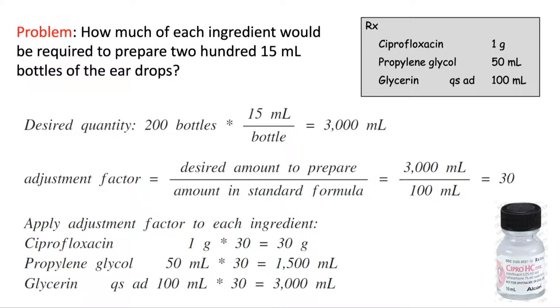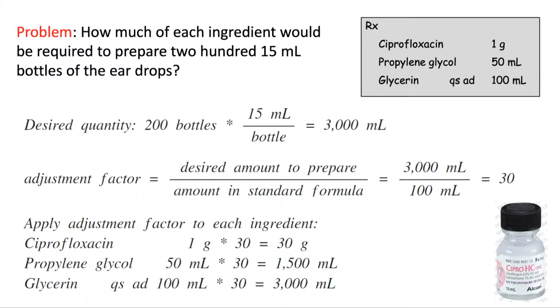Okay, let's do the same thing for the propylene glycol. It called for 50 milliliters for the original prescription, but we're going to multiply that by our adjustment factor of 30. So 50 times 30 is 1,500, but remember to carry over the units, and the units for the propylene glycol were milliliters. So we need 1,500 milliliters. And lastly, for the glycerin, it was glycerin QSAD to a total of 100 milliliters.